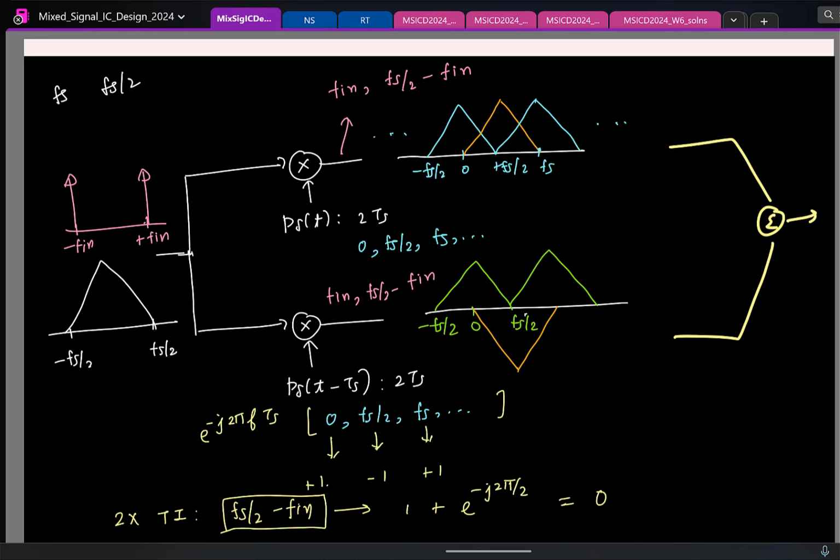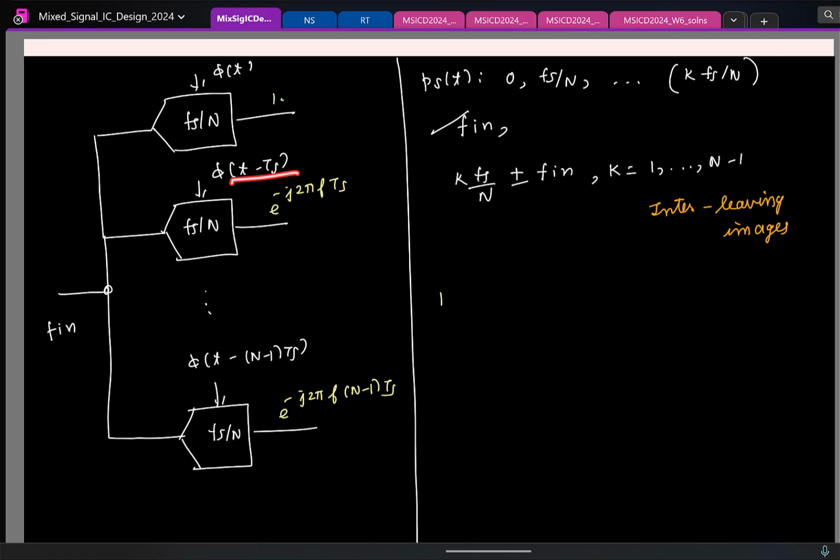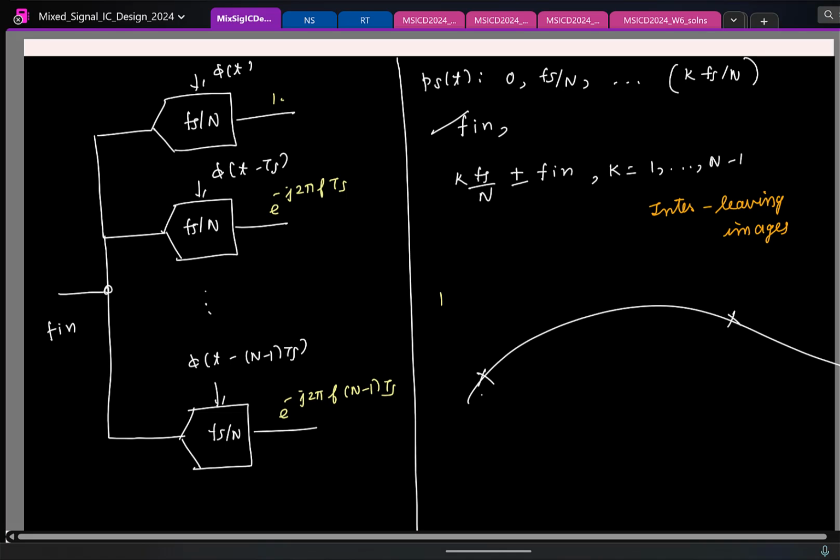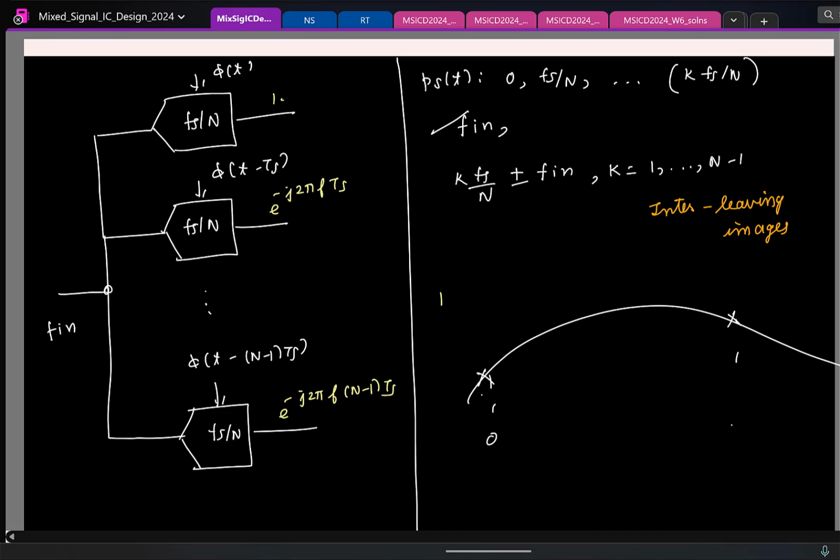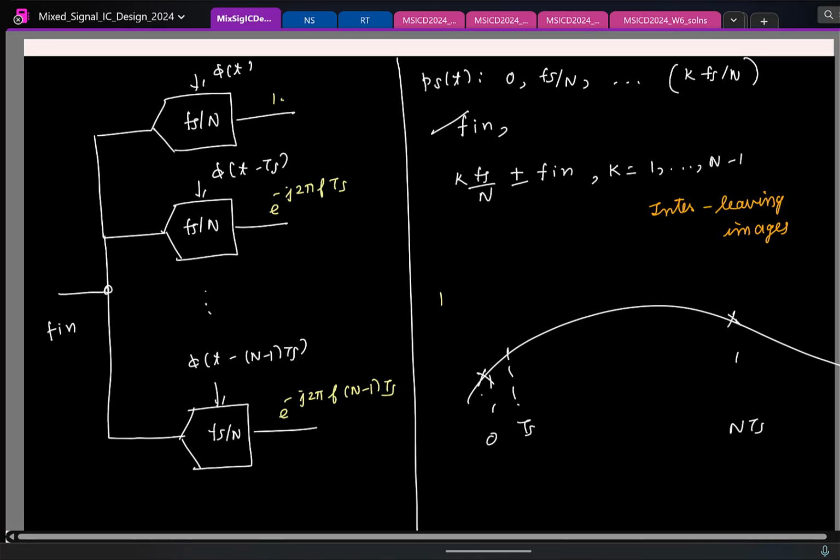Shouldn't we have used twice Ts, because we have to sample at fs by 2 eventually? Why are you getting confused? You have some signal. I am taking samples at 0 and n Ts. The next ADC should take at Ts. The second ADC should start at 2 Ts and so on, right? The time delay should be Ts.